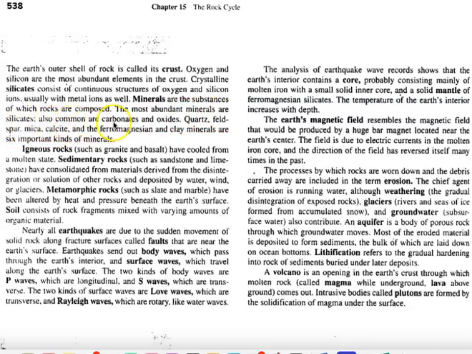Also common are carbonates and oxides. Quartz, feldspar, mica, calcite, ferromagnesium and clay minerals are the 6 important kinds of minerals. I'll show you the section on that. I want you to study these 6 important kinds of minerals.